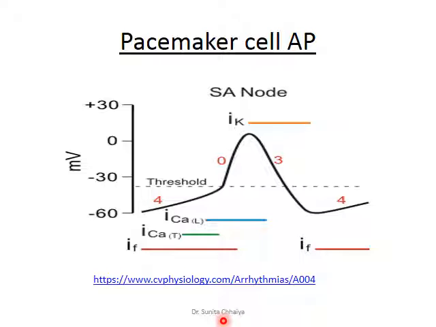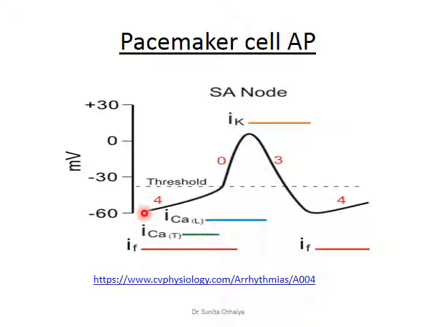In the SA node, three ion channels are mainly important to generate a pacemaker action potential. At the end of repolarization, or we can say at the end of phase 3, where the membrane potential is around minus 60 millivolts, there is the start of phase 4, which is known as diastolic depolarization.